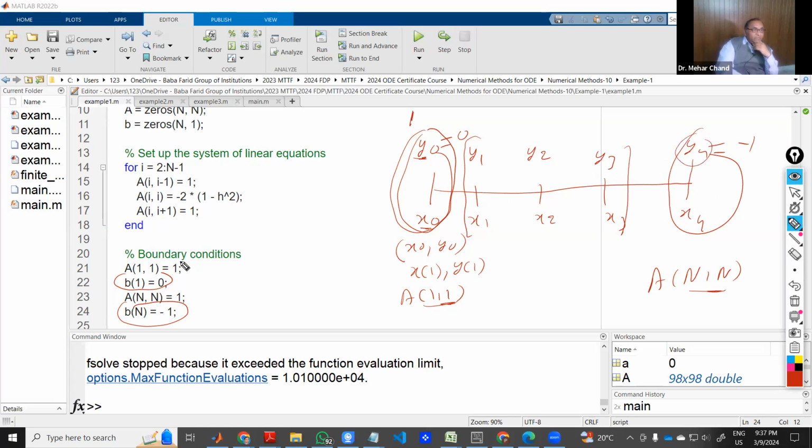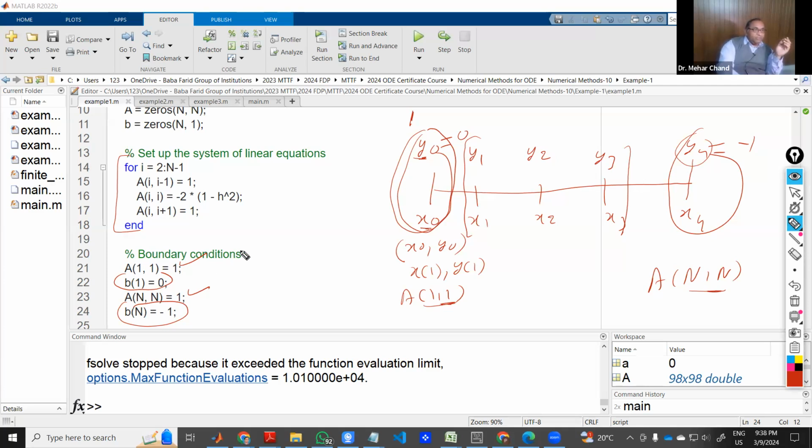So that's why we have 1 and 1. Okay, and for the other system of equations, the coefficients are for y1, y2, y3, and corresponding to these coefficients we have the matrix A. These are the corresponding elements. Okay, so this is all about writing the code in MATLAB to convert the system of equations.